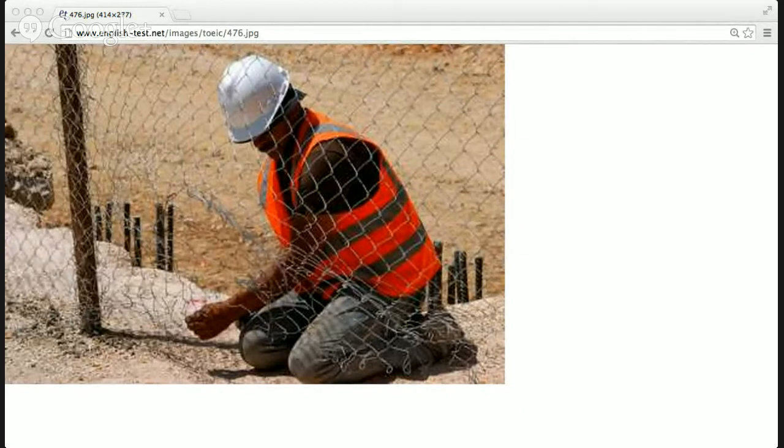In this picture, I'm seeing a worker. He's working in a, I don't know the name, the Red Network. You could probably call this a construction site.